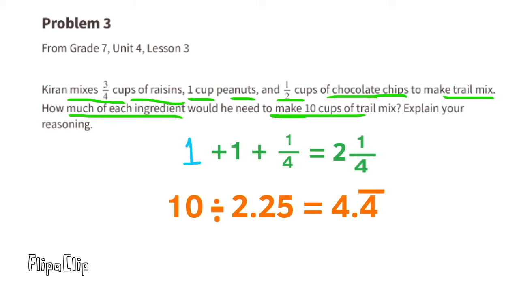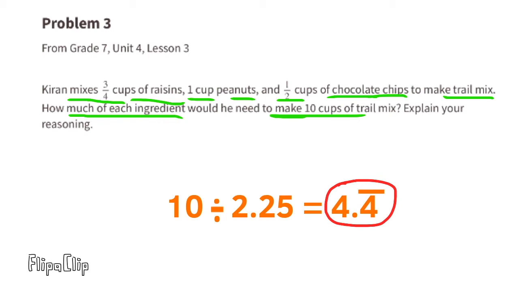It turns out 10 cups of trail mix is 4.4 repeating times larger than 2 1/4 cups. This means that each ingredient will be multiplied by 4.4 repeating to figure out how much of each ingredient Kieran will need to make a total of 10 cups of trail mix.